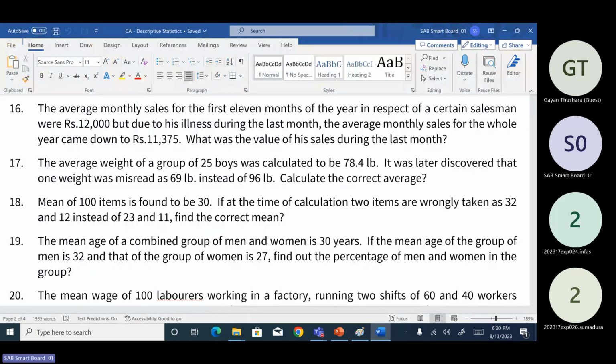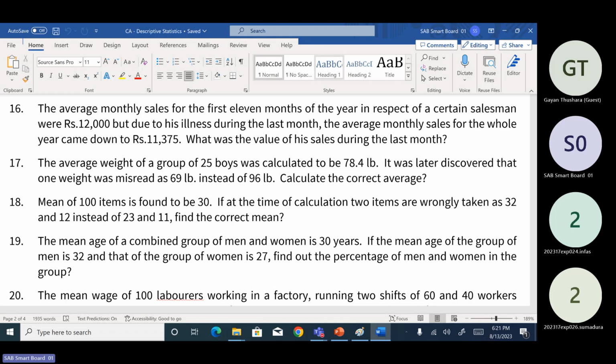So 16. The average monthly sales for the first 11 months of a year of a certain salesman were 12,000. But due to his illness in the last month, the average sales for the whole year came down to 11,375.